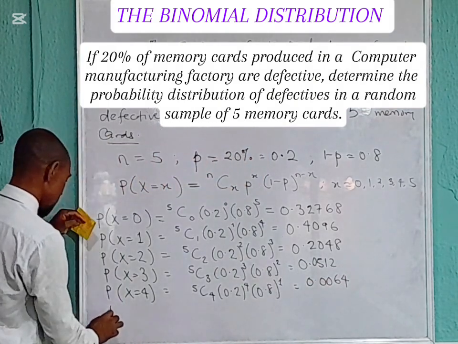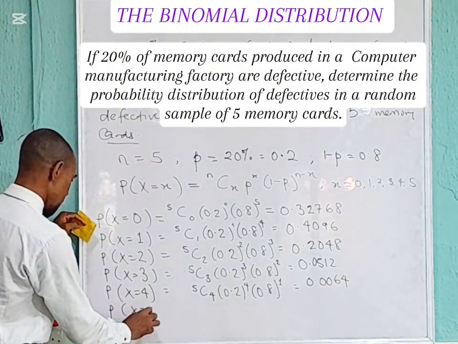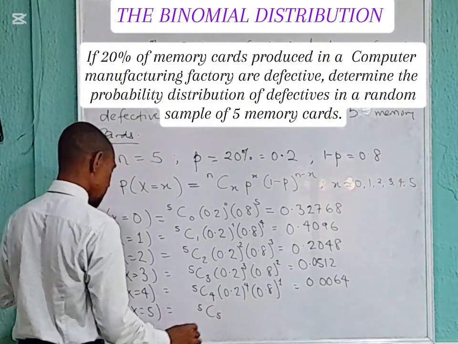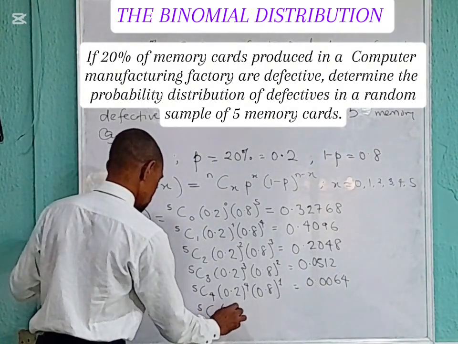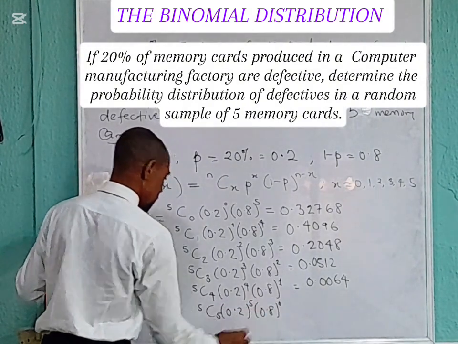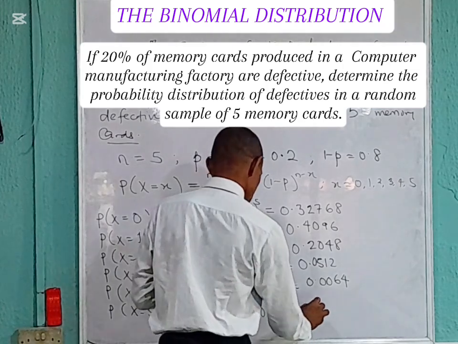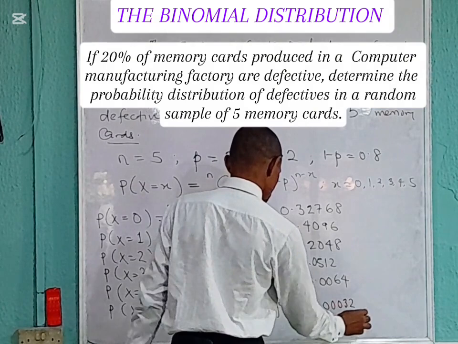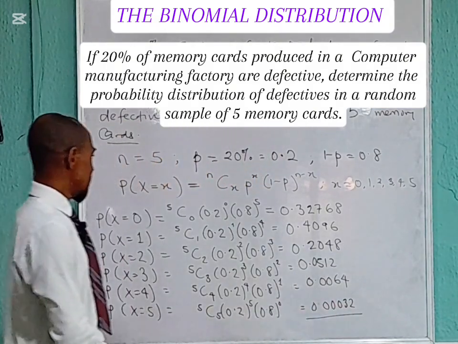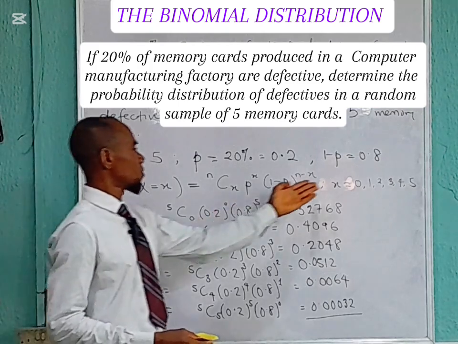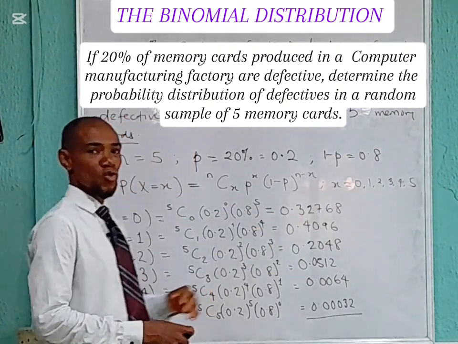And lastly, when x is equal to 5, we have 5 combination 5, then 0.2 to the power of 5, of course 0.8 to the power of 0. And that gives 0.00032.